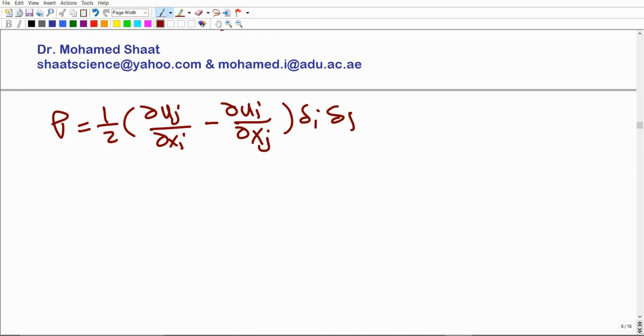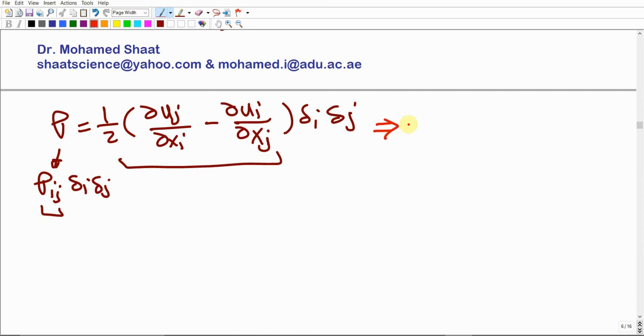Again, we can write this as theta ij, where theta ij are the components of this tensor. So simply we can just consider this term as the components of the rotation tensor, typically the same as what we did for the strain tensor.